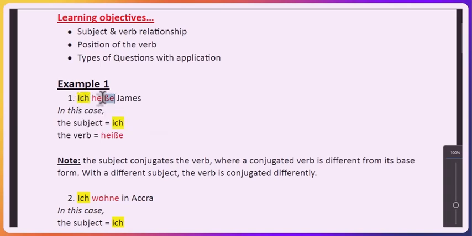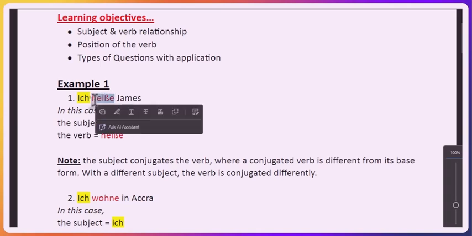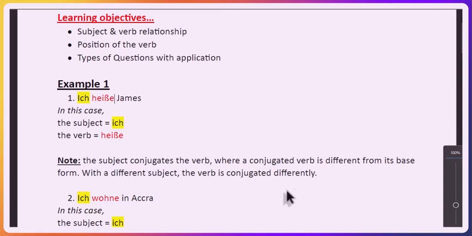But the verb, in most cases, stays in second position. The conjugation changes, but I'm not talking about conjugation today, so you are not confused. I want you to understand the structure of the sentence: the subject and the verb. There's no object in this one, only subject and verb.